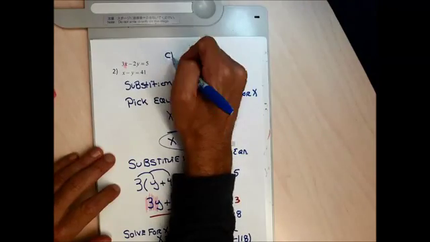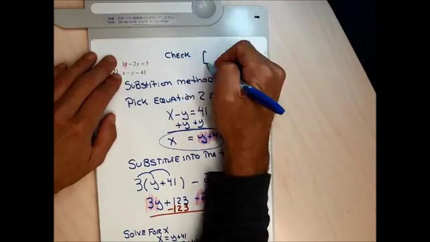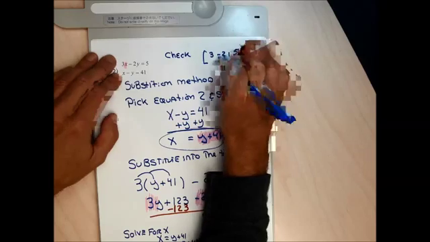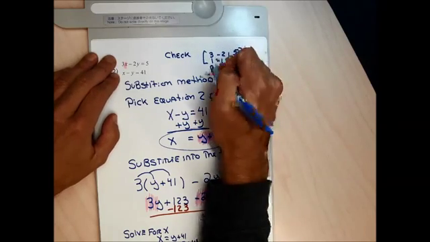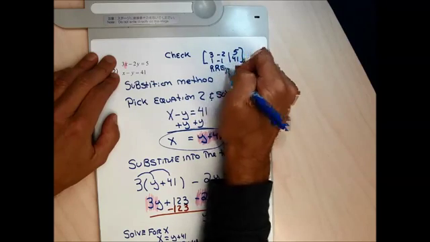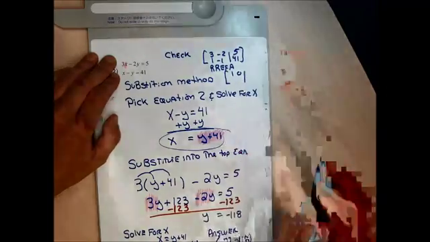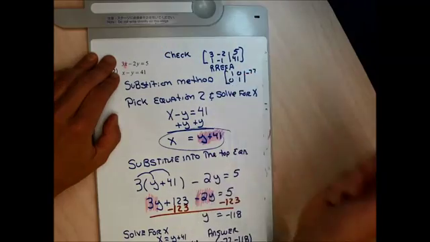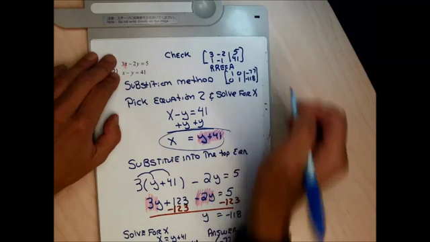So I'm going to check it by taking this and writing it as a matrix, 3, negative 2, 5, 1, negative 1, 41. And I'm going to do RREF, and I hope like heck to get the answers of negative 77 for x and negative 118 for y in the right-hand column of this matrix.